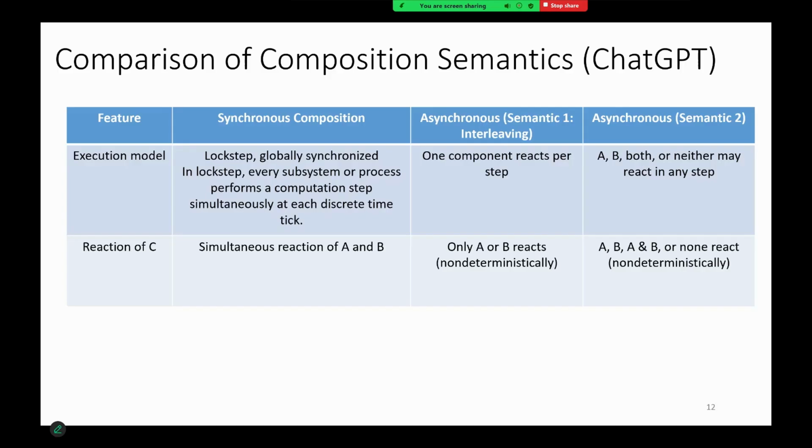In semantic 1, asynchronous, one component reacts per step. Only A or B reacts in a non-deterministic fashion, and in semantic 2, A, B, or both, or neither of them in some definitions react, and the choice is non-deterministic as well.